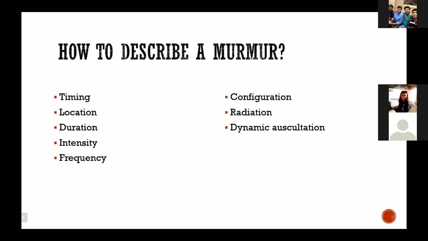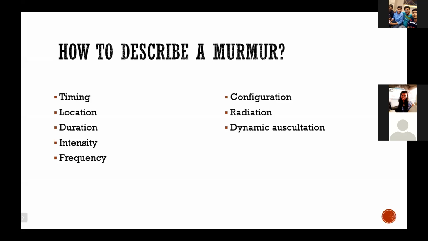The first thing that you need to see is the timing of the murmur, and by timing, I mean the timing with respect to the cardiac cycle. That is, in which phase of the cardiac cycle is the murmur occurring, whether it is a systolic murmur or a diastolic murmur.